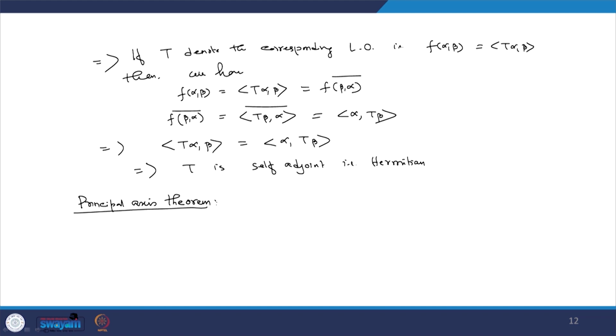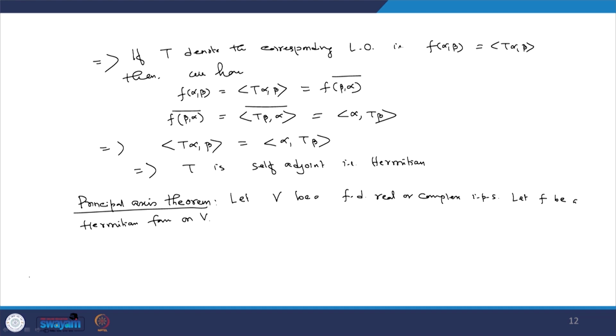It says that let V be a finite dimensional real or complex inner product space.